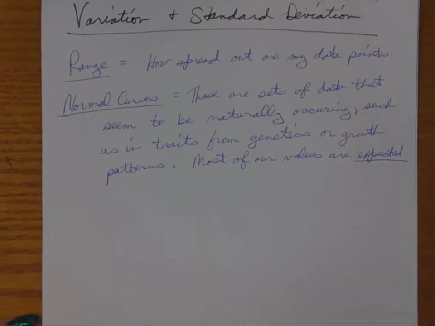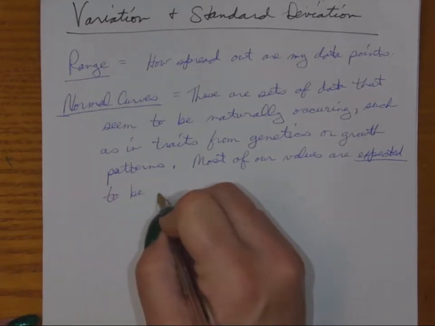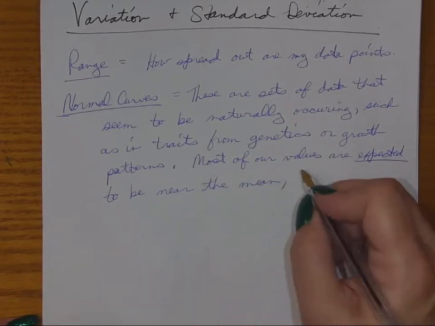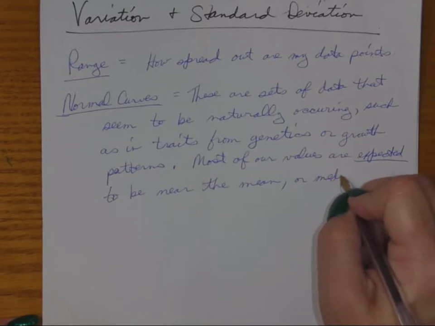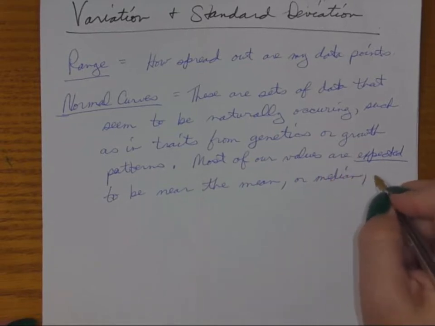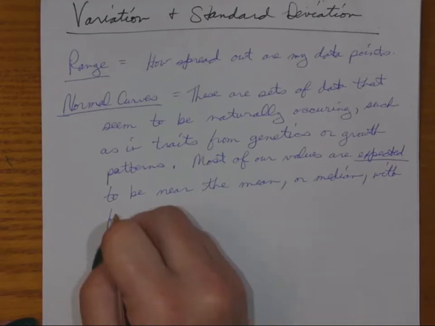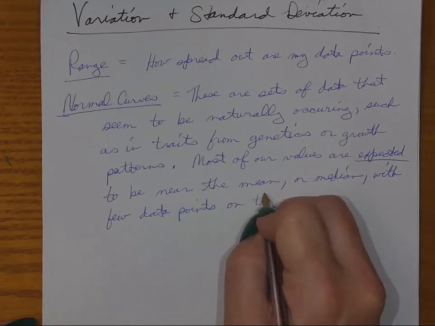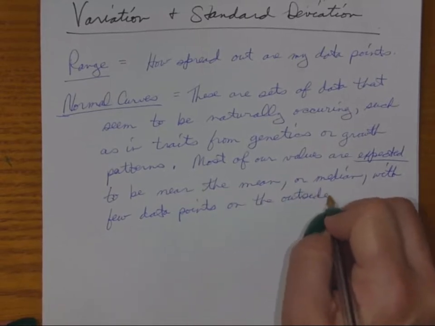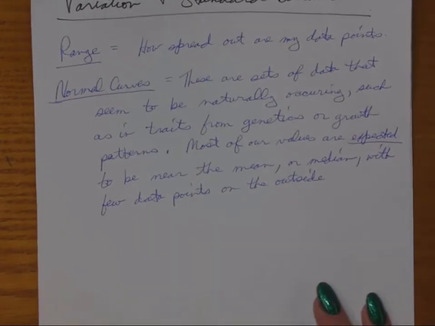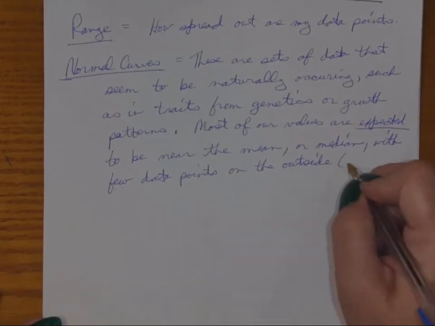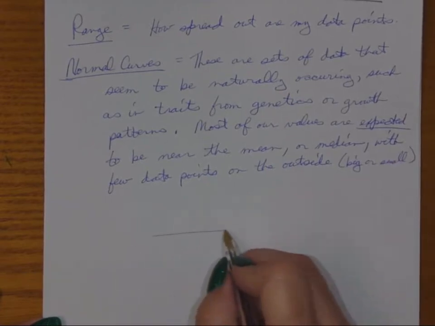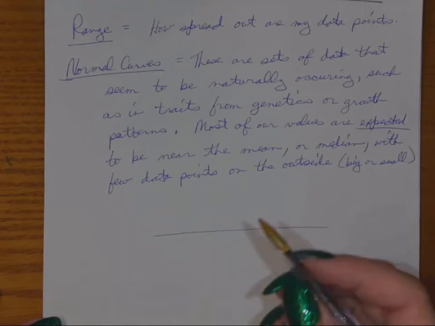So most of our values are expected to be near the mean, or median, with few data points on the outside. And it doesn't matter if that's on the small side or the large side. So we'll say big or small. We don't care.